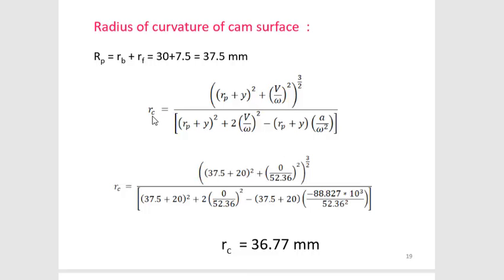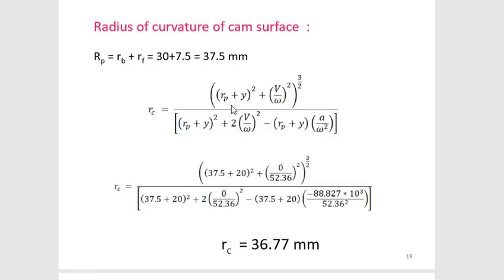This is the formula for the radius of curvature of cam, which is Rp plus y the whole square plus V upon omega whole square, the whole thing raised to 3 by 2 in the numerator. So this is the formula, and almost all values are known. By using this formula we can find out the radius of curvature of cam surface.